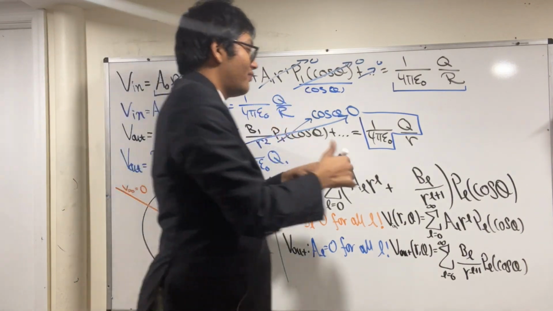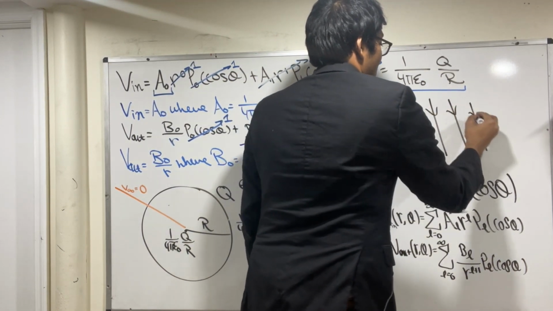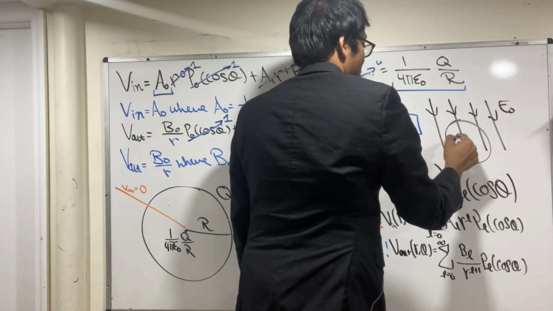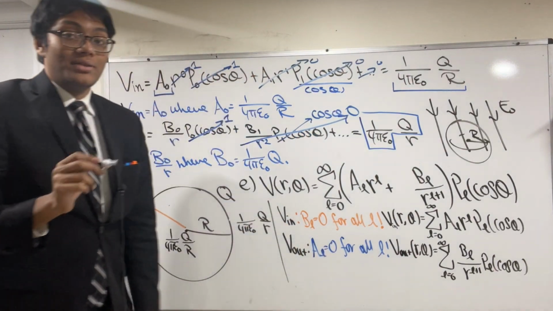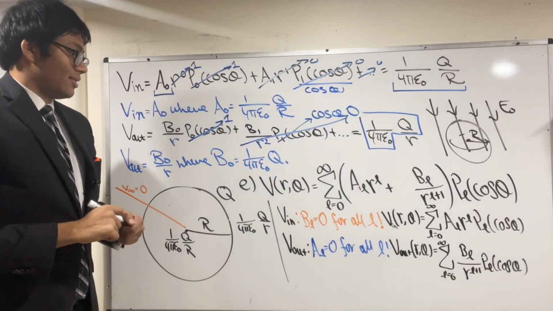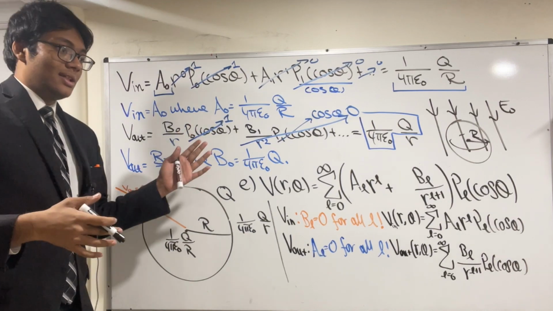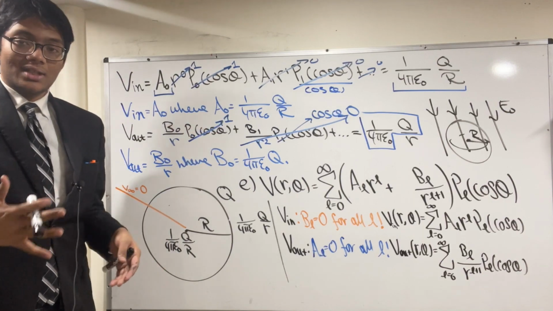In fact, in the future, we're going to be examining problems such as a spherical conductor in a uniform electric field. You cannot use the standard approach of using Gauss's law to find the electric field, then integrating the electric field over a certain path and negating it to find the electric potential.